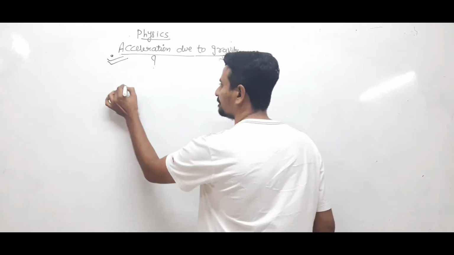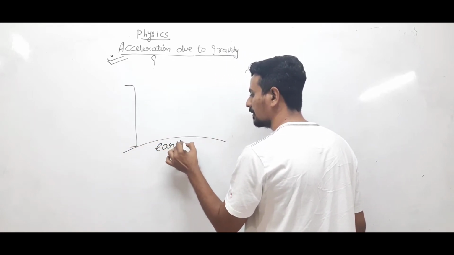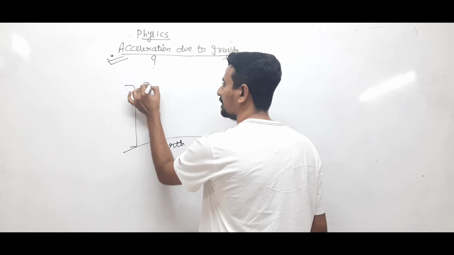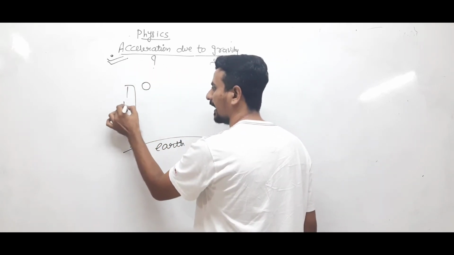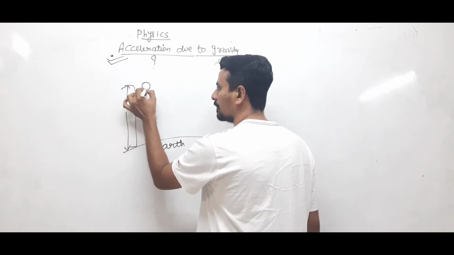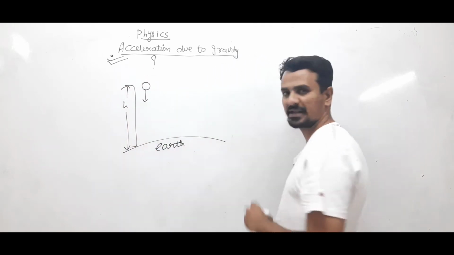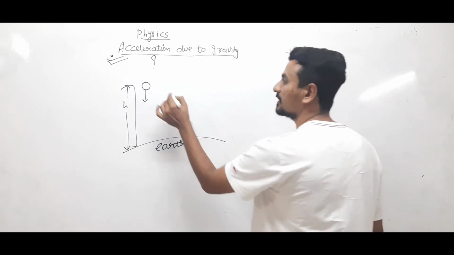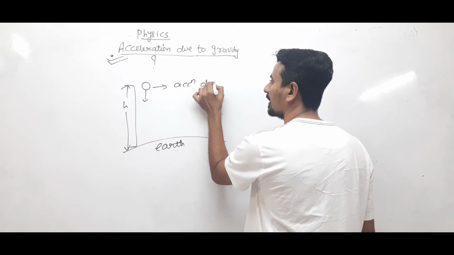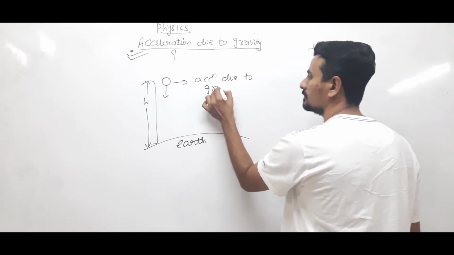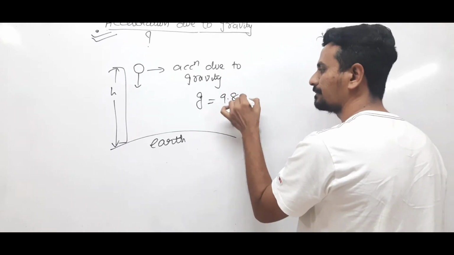So suppose this is earth, right? I am just leaving this object from say any height h, so it will be coming down. Earth's gravitational force will attract this object, right? So the acceleration developed in this object is known as acceleration due to gravity, whose value will be 9.8.